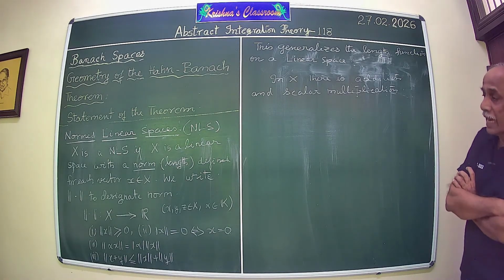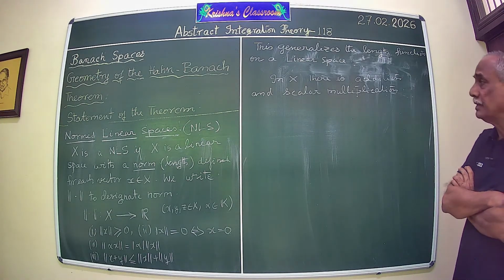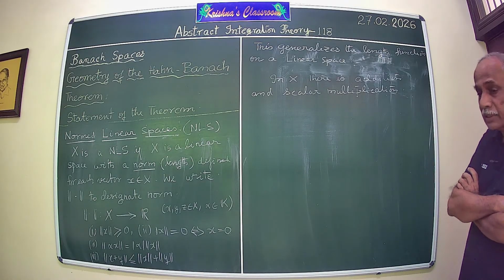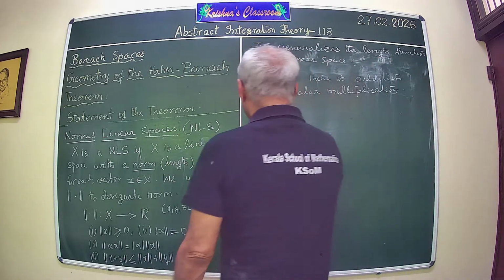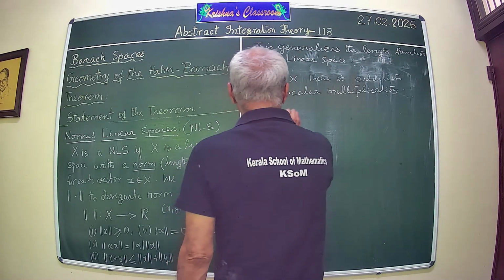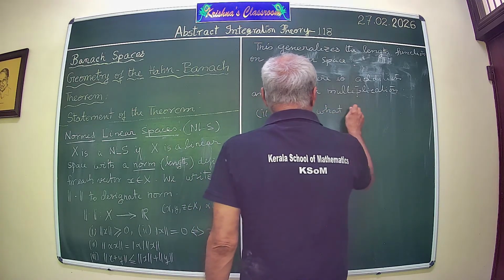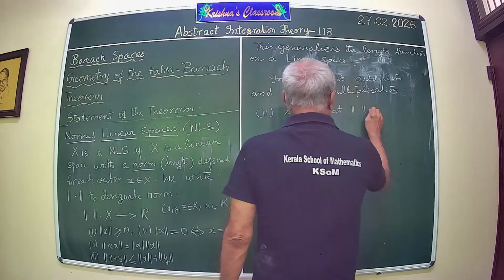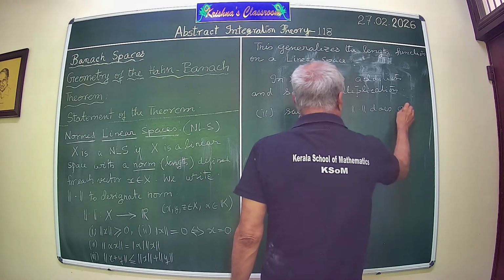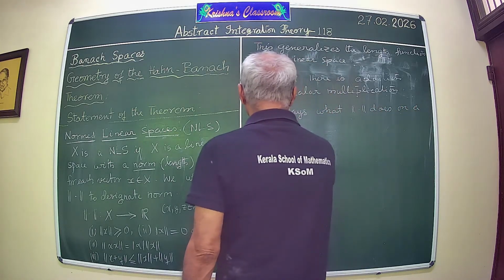So we have to say what this function does on the sum of two vectors. 2 says what norm does on a scalar vector.